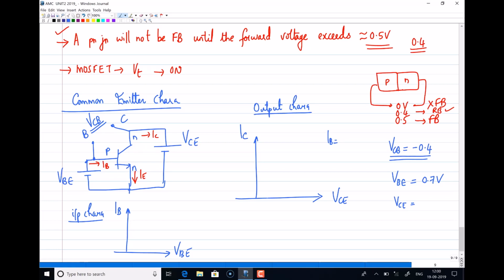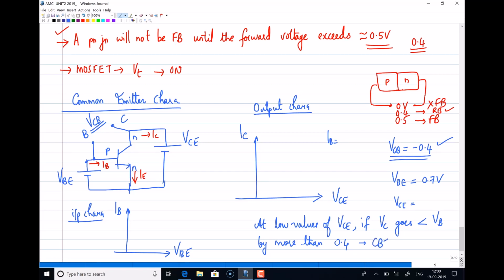Now when you have low values of VCE, if your VC goes less than VB by more than 0.4, that is what I mentioned here, right?